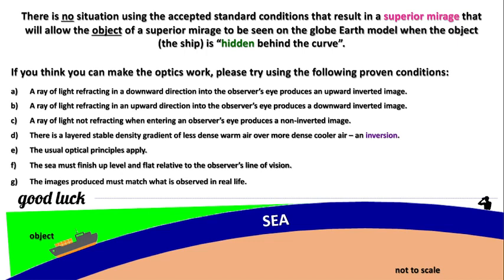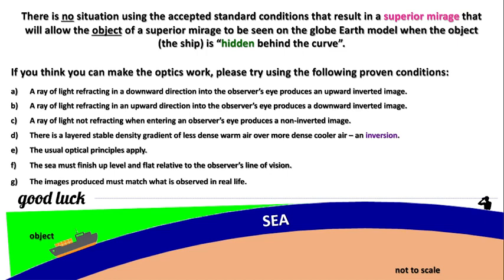A. A ray of light refracting in a downward direction into the observer's eye produces an upward inverted image. B. A ray of light refracting in an upward direction into the observer's eye produces a downward inverted image. C. A ray of light not refracting when entering an observer's eye produces a non-inverted image.